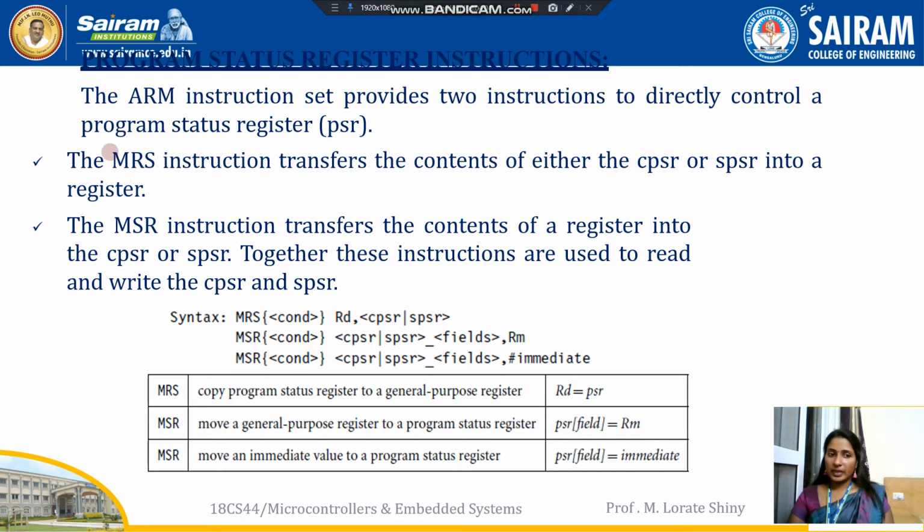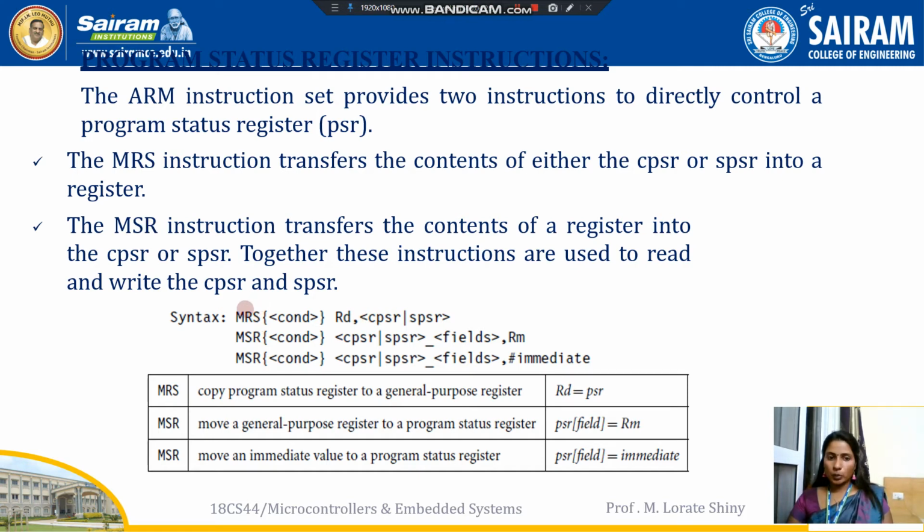From this we can understand it moves the SPSR or CPSR content to the general purpose register. MSR moves the general purpose register content to the SPSR or CPSR. We'll see the syntax here.